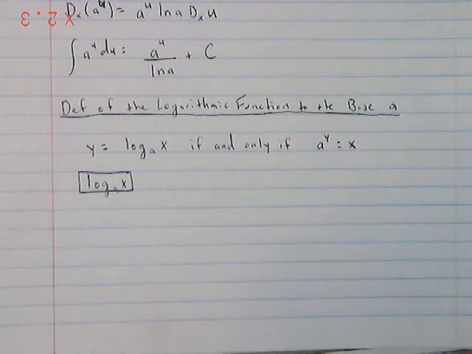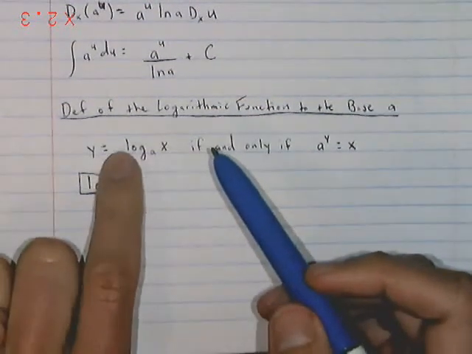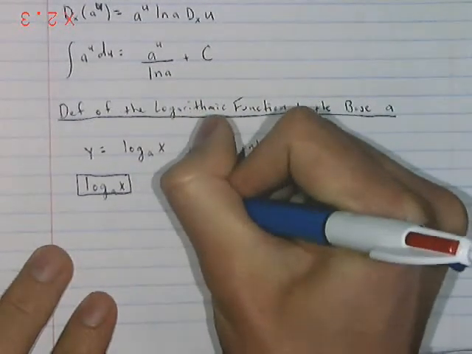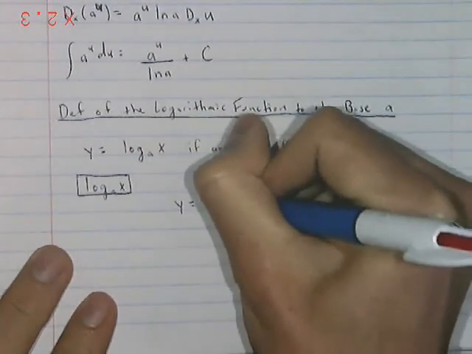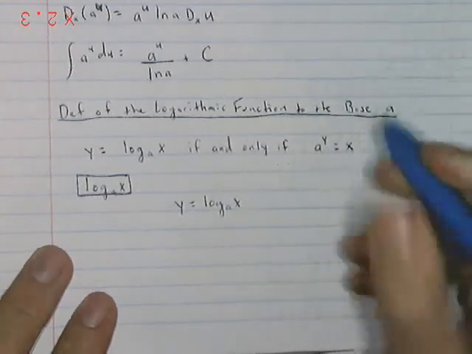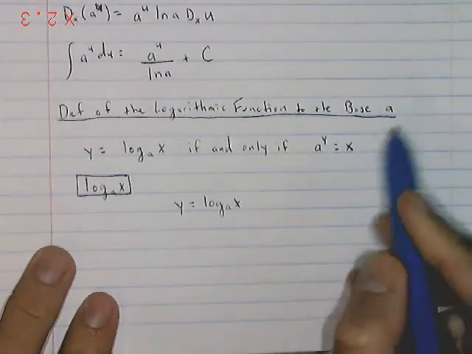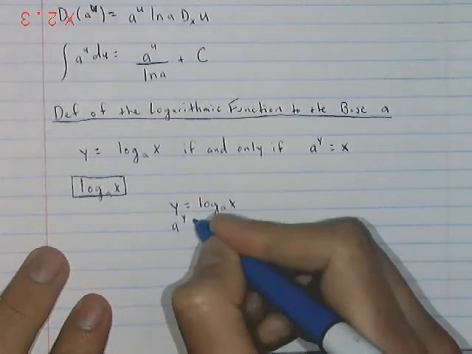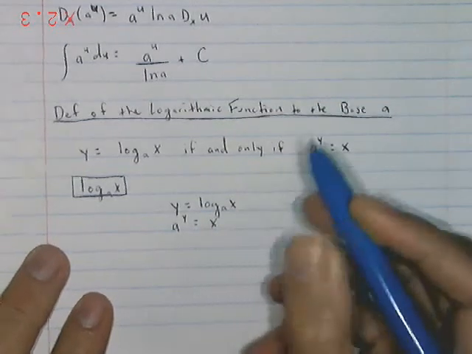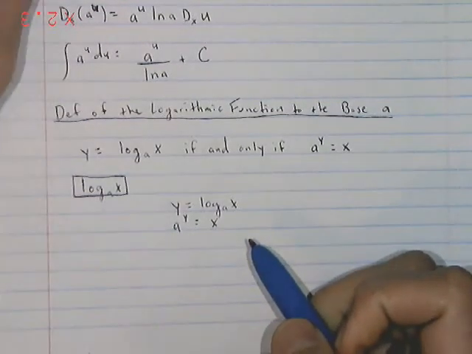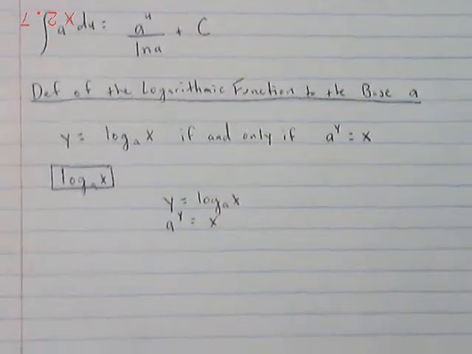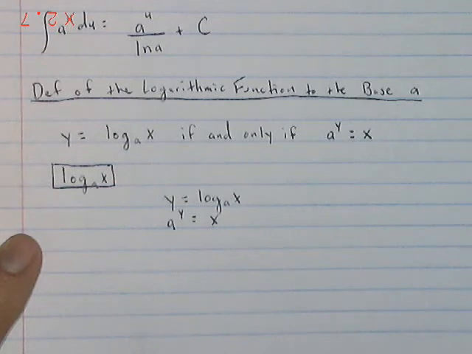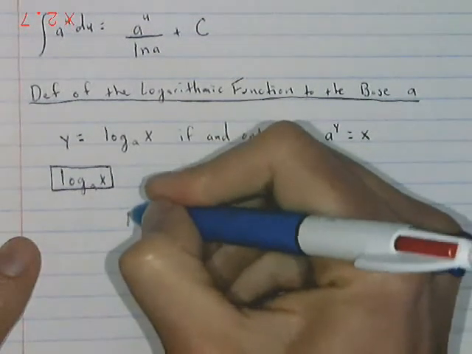Okay, what do I mean by that? I mean that if we start from this definition, that y equals log base a of x, and flip to this definition of it, that this means by definition that a to the y equals x. If we hit both sides of this with a natural log, so everything is about to get ln'd.